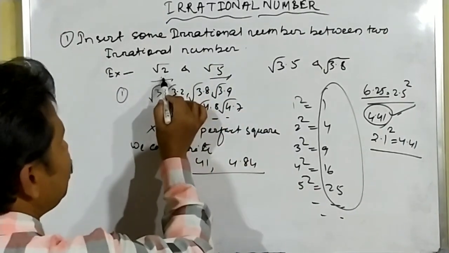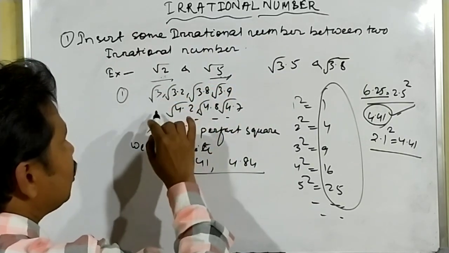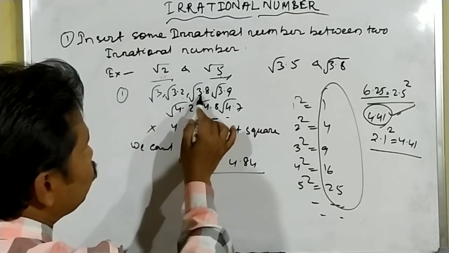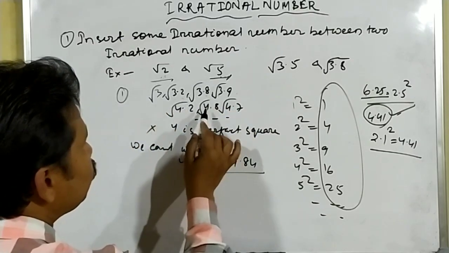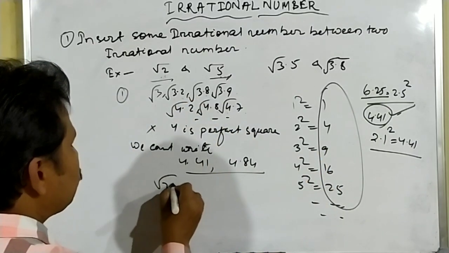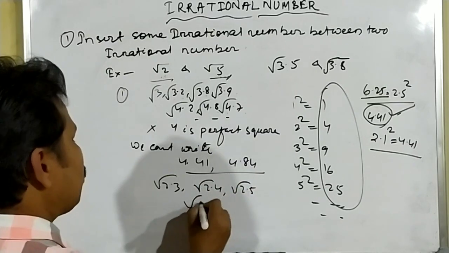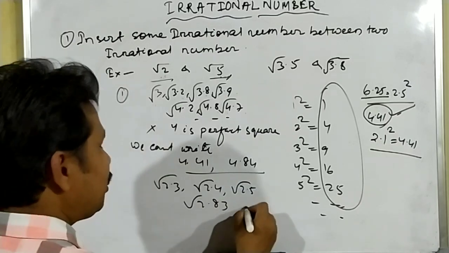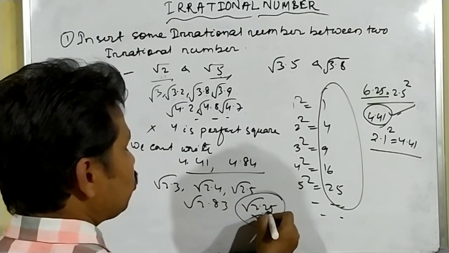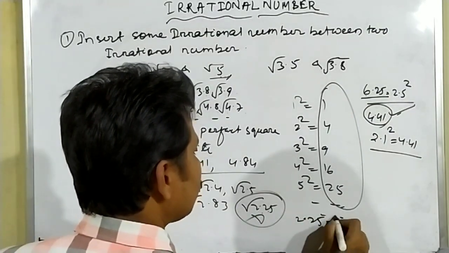Simple. See, the roots are of 2 and 5, so root 2 and root 5. The irrational numbers between root 2 and root 5 are root 3, root 3.2, root 3.8, root 3.9, root 4.2, root 4.8, root 4.7, etc. Also we can write the root of 2.3, root of 2.4, root of 2.5, root of 2.83, but we can't write root of 2.25, because 2.25 is the square of 1.5.